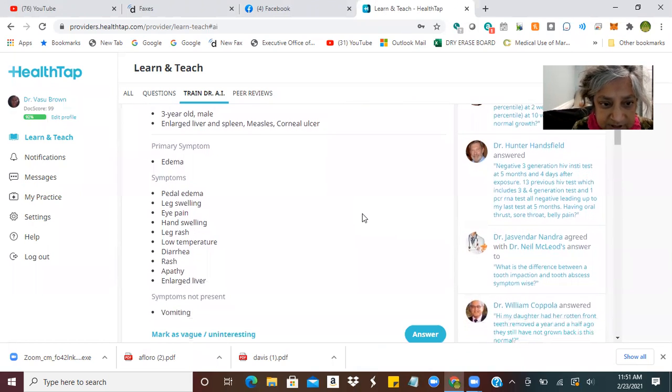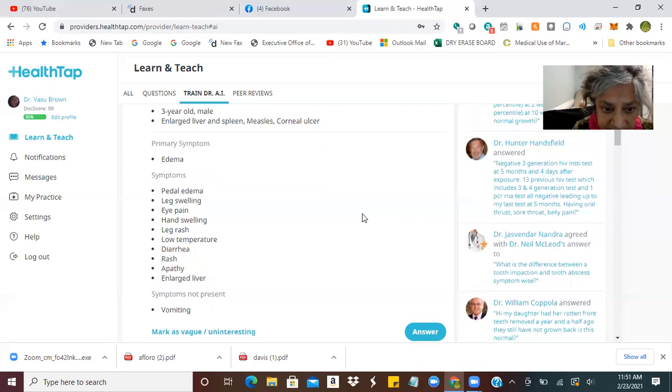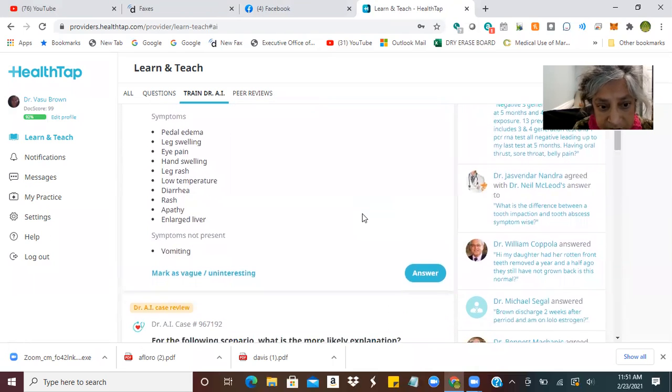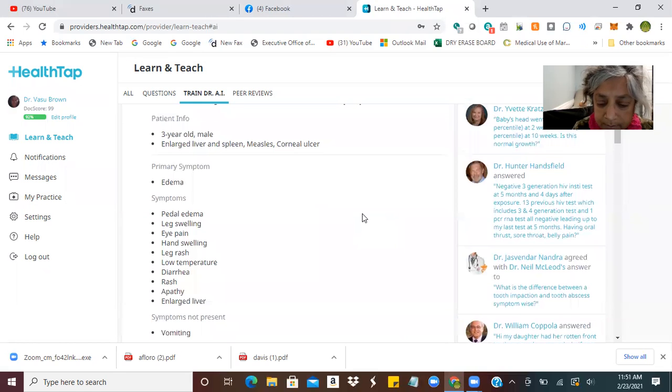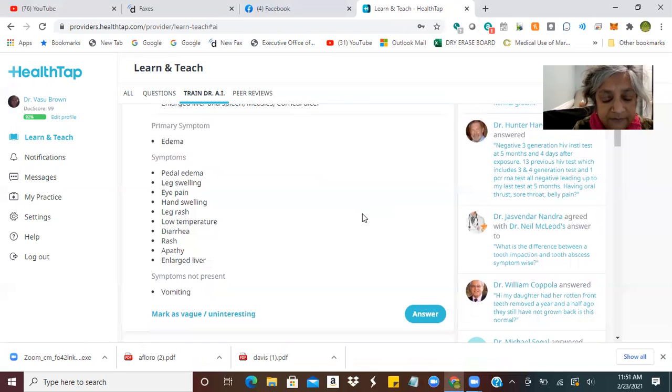So primary symptom is edema and vomiting is not present. So I can answer. And when it is a 3-year-old male, like a baby, it's parasites, right? You could immediately see some sort of a parasite affecting the liver.